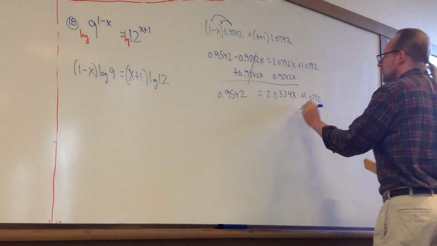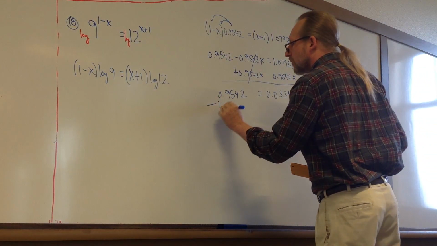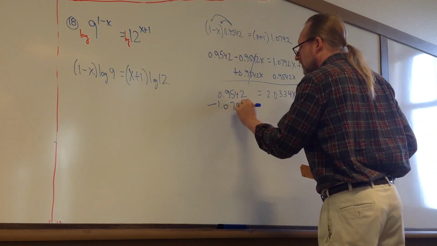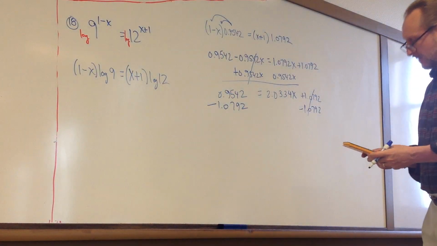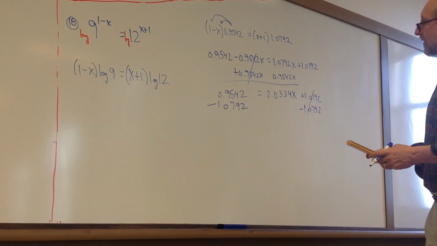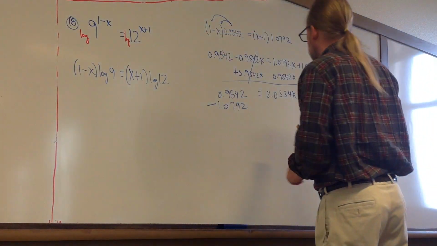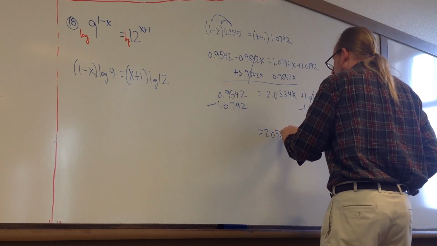So now we want to subtract 1.0792 on both sides. And notice we're going to get a negative number over here, and that's okay. If you're ever not sure whether or not your answer is correct, plug it back in and see whether or not those things turn out to be approximately equal to each other.